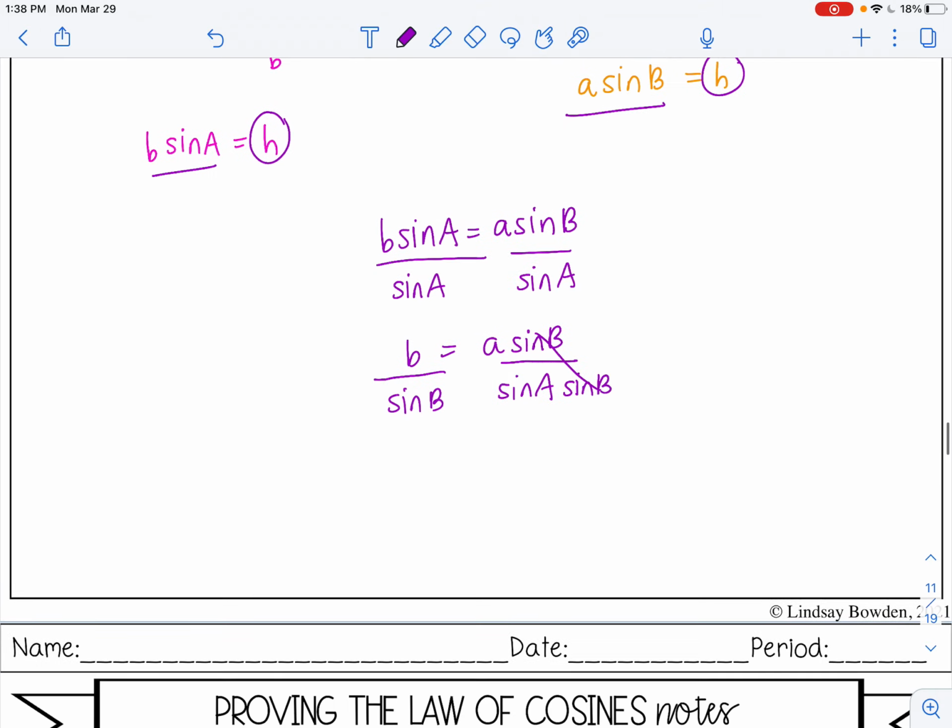Those cancel, so I have b over the sine of B equals a over the sine of A, which looks very similar to the law of sines, which says a over the sine of angle A is equal to b over the sine of angle B. That's where the formula is derived.